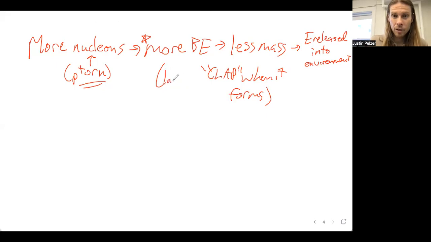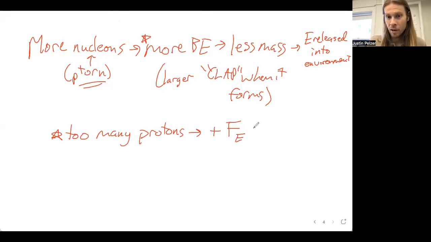Now, the asterisk is that too many protons, as we're going to see, and we're not going to study this yet, but we're going to get there eventually. Too many protons has a positive repulsive energy.